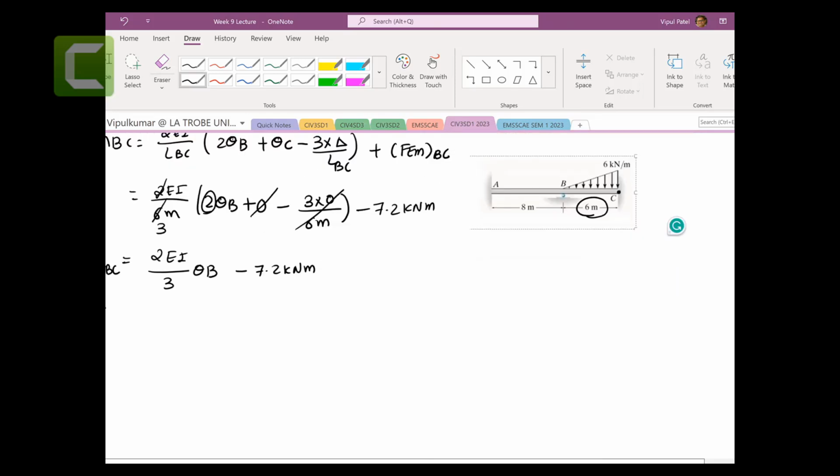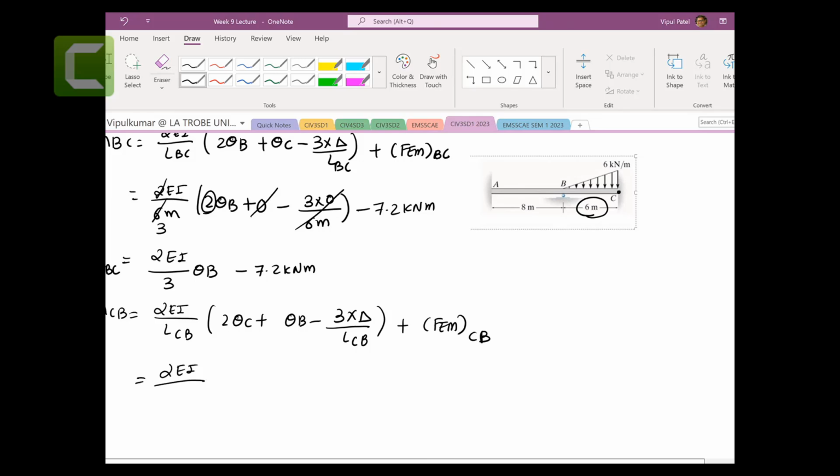We can do the similar for MCB, equal to 2EI on length LCB, 2 theta C plus theta B. Every member has these two internal moments, so you can calculate those two moments. So 2EI on length BC, which was 6 meters, 2 theta C, and theta B is 0.